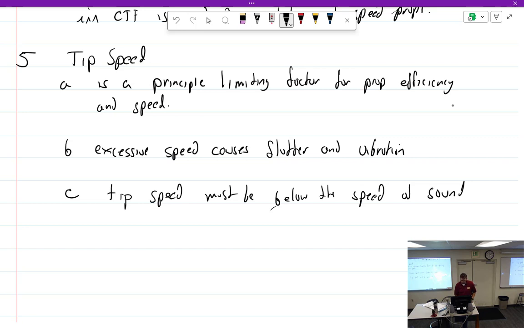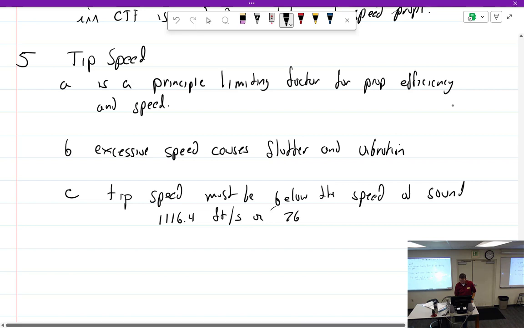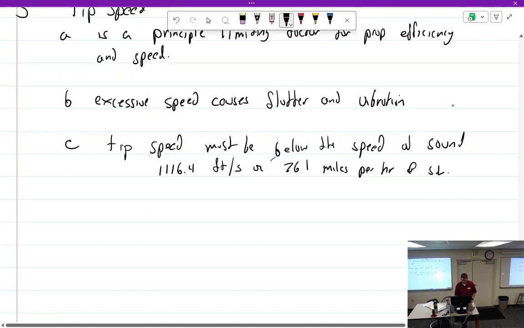So let's see, supersonic speed is 1116.4 feet per second, or 761 miles per hour at sea level. Not that it matters. I'm not going to ask you that again, but just in case you cared.